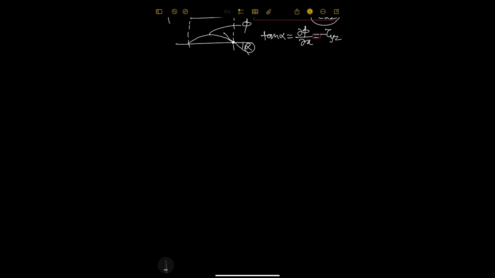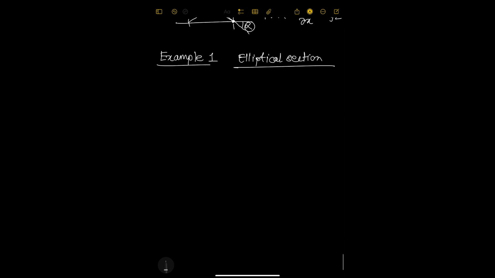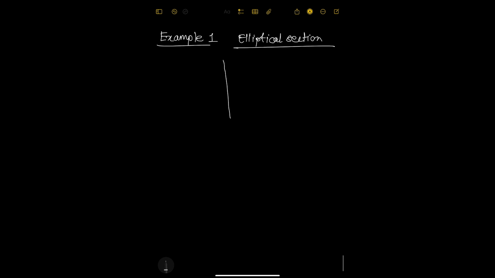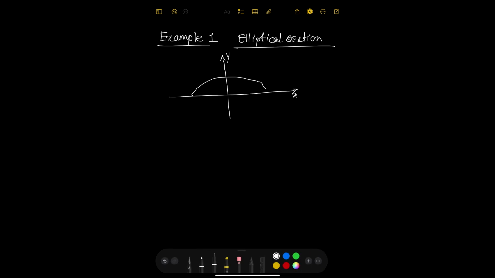Now after this we will start to look at how to solve problems for different cross section areas, and we'll consider one example, the elliptical section. So consider this is the cross section area, this is x, this is y, and this is the elliptical section.